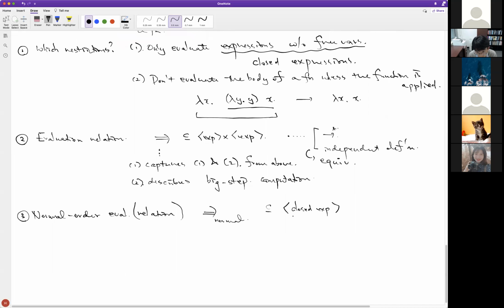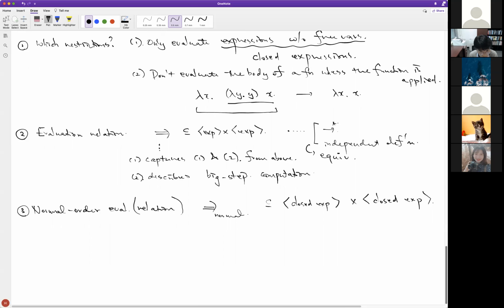I write informally like this: expression without any free variable, and then closed expression. Okay. And then it's defined like this. Let me just first define this using this independent definition, and then so on.